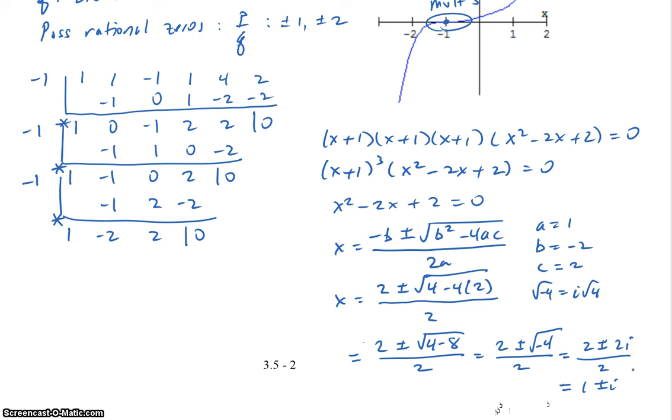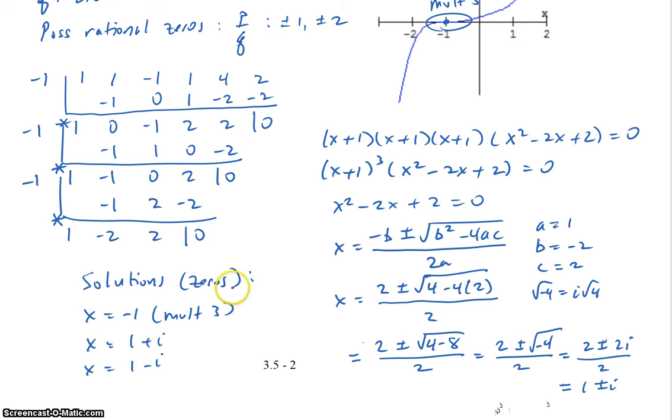So the solutions of our equation, that is the zeros of the polynomial, solutions and zeros being essentially synonymous for us, would be x equals negative 1 with a multiplicity of 3, x equals 1 plus i, and x equals 1 minus i.